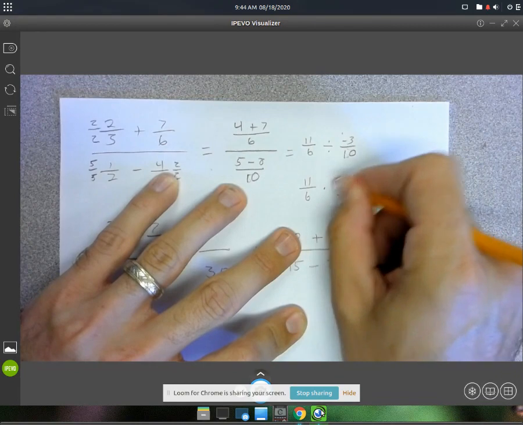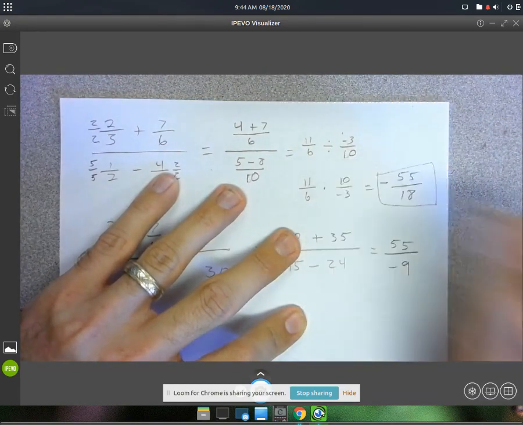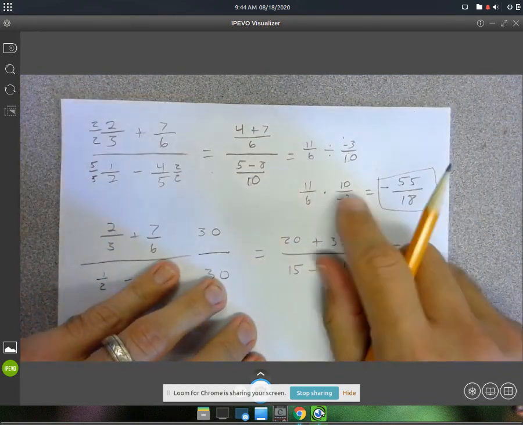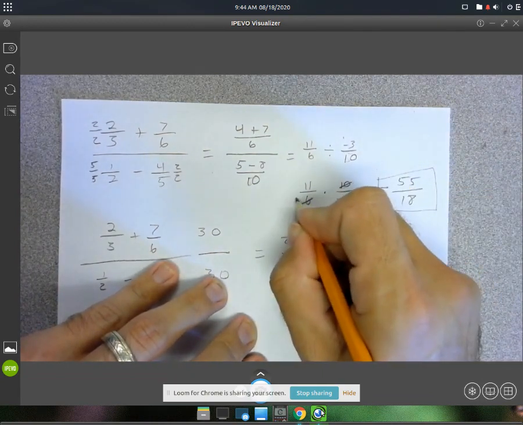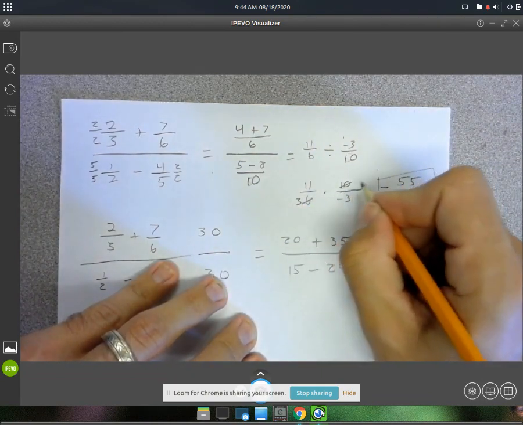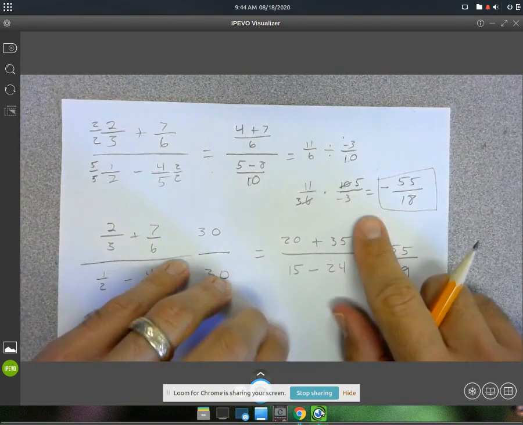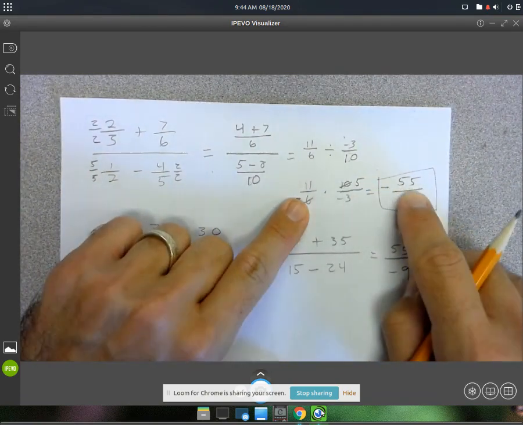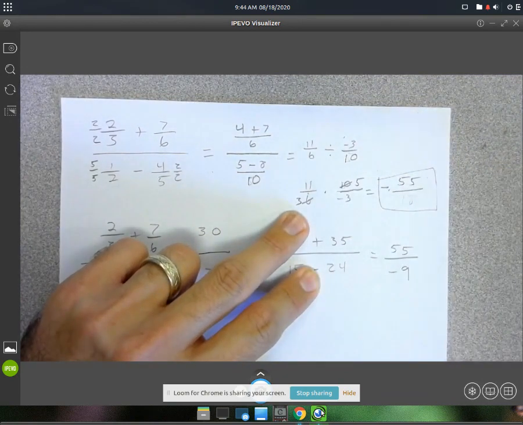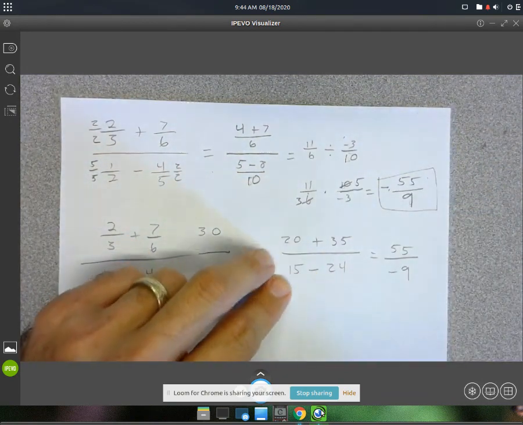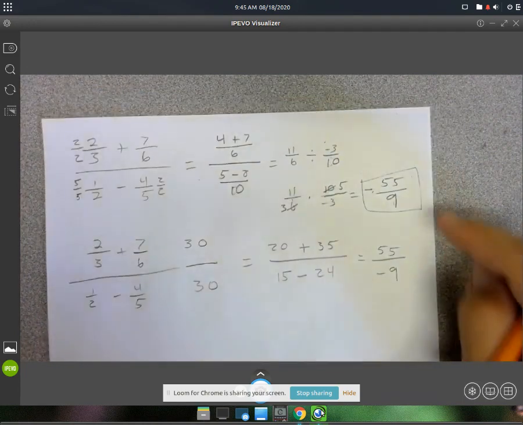And now these two will simplify. That'll become a 3. This will become a 5. And so we wind up with 55 on top, but on the bottom, it's going to be a 9. Simple mistake right there. But the two answers should be the same.